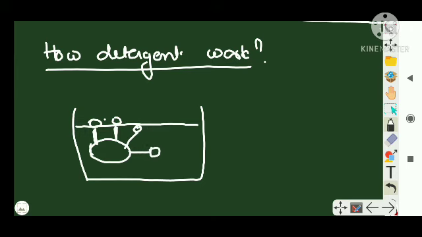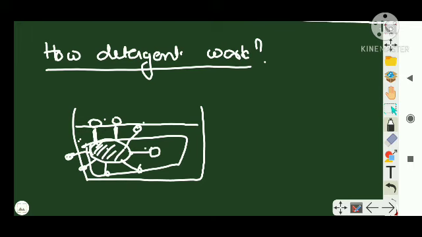As a result, the dirt is attracted to the detergent molecules and gets detached. This is a soft cloth piece. So the soap molecules are pin shaped. One end is attracted to water, the other end is attracted to the dirt. So now this entire dirt is locked by the detergent molecules.